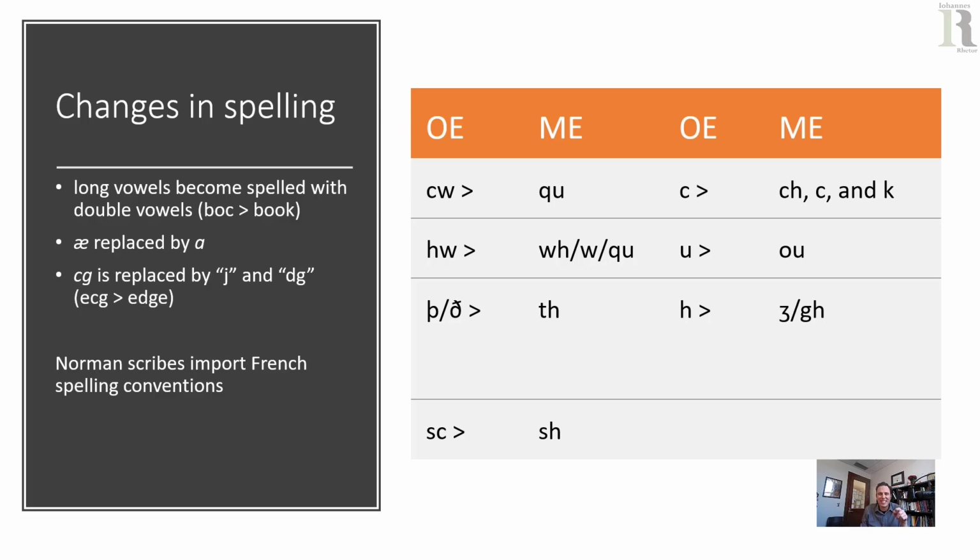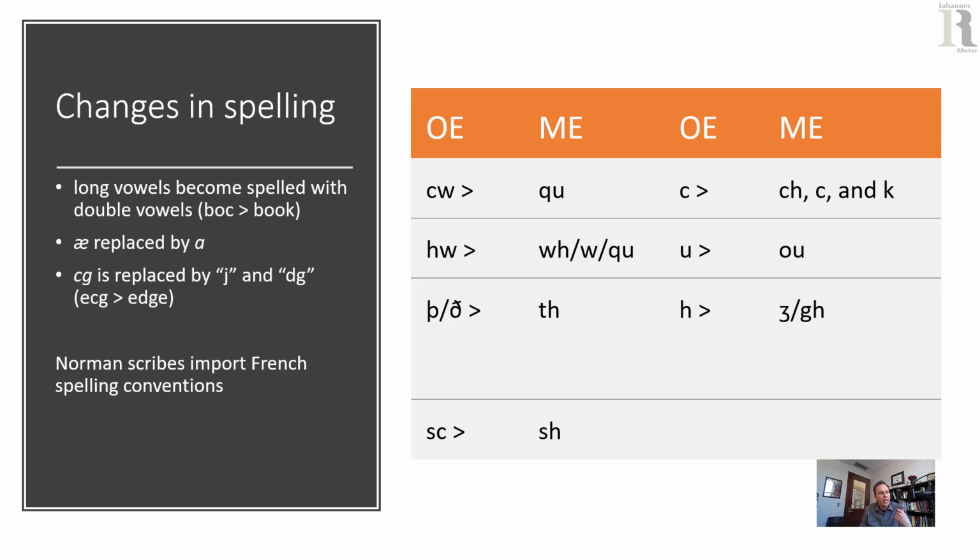So, for example, that C that makes a ch sound before a high front vowel in English makes an s sound before a high or a front vowel in French, and so they're like, we can't have that. It'll confuse people who are trying to read this. So they change it from C to CH, and a number of other changes happen.